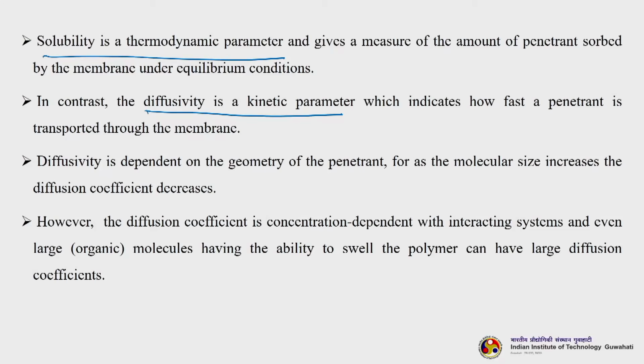So, the problem in polymeric membrane systems is that if you are employing organic solvents, they will tend to swell the membrane material, and what will happen? The pore sizes will increase. So, when the separation is happening, this will also depend upon the residence time. In that case large diffusion coefficients will come into the picture.